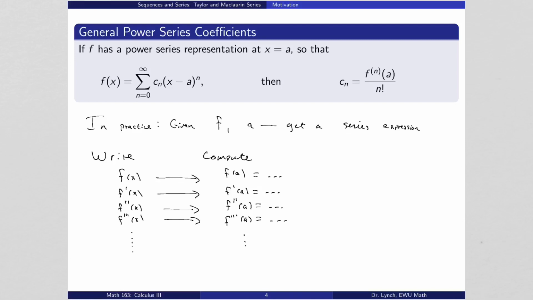Here's what you do. You start with the function and a bunch of its derivatives, f prime, f double prime, f triple prime, and so on, then plug in x equals a and compute f of a, f prime of a, f double prime of a, and so on, and we'll plug these into our series expansion.